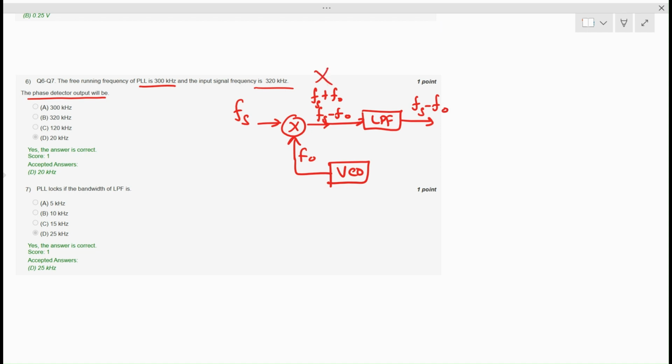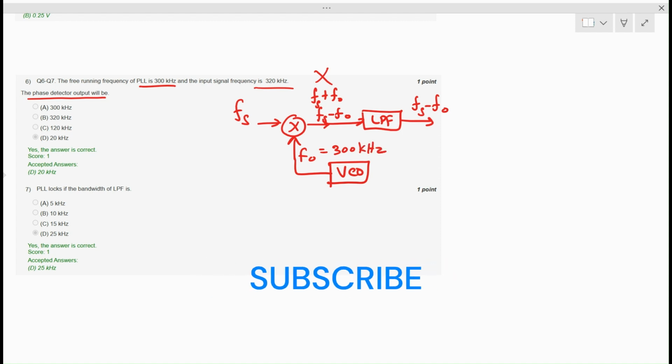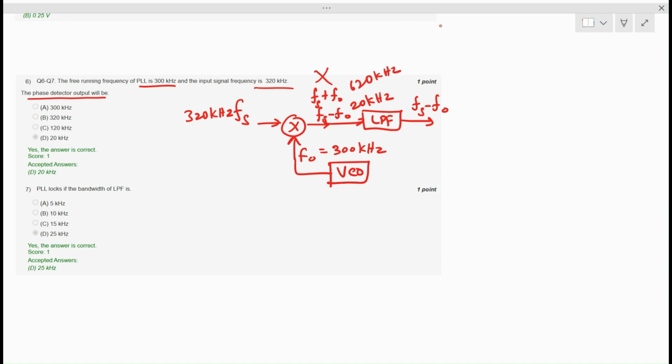Fs plus F0 will be eliminated. So for F0 equals 300 kilohertz and Fs equals 320 kilohertz, the output will be 320 minus 300, which is 20 kilohertz, or else it is 620 kilohertz for the multiplier. The given option is 20 kilohertz, therefore we are choosing that one.